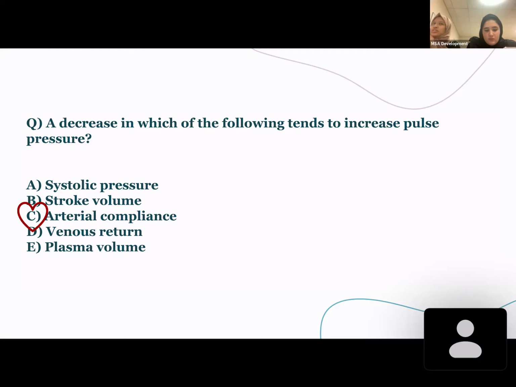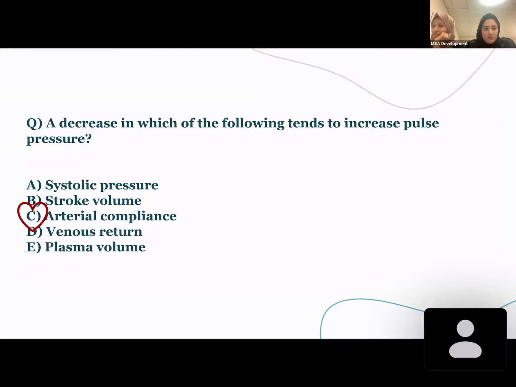Just know pulse pressure. Let's say there's a decrease in arterial compliance, which means the arteries don't want more blood, so they're very narrow. That increases the pressure, and that increases the pulse pressure in general. We're talking about arteries, away from the heart, so don't think about increased pressure from the heart.